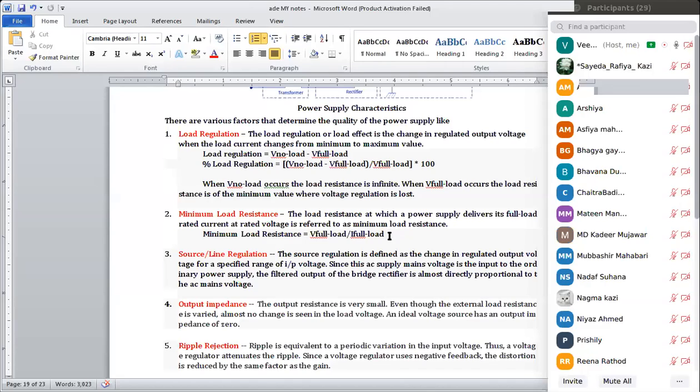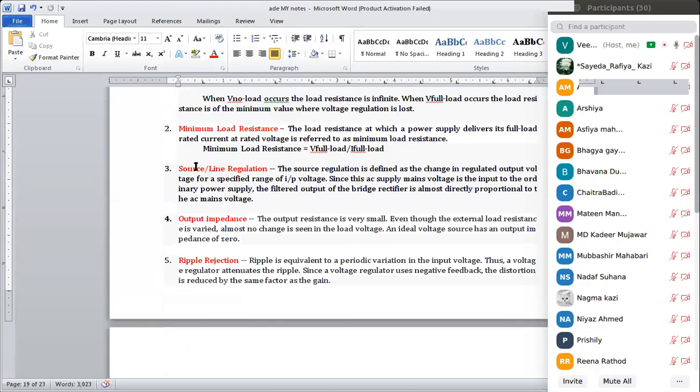Then the source regulation or line regulation. That is the change in the output voltage for a specified range of input voltage.